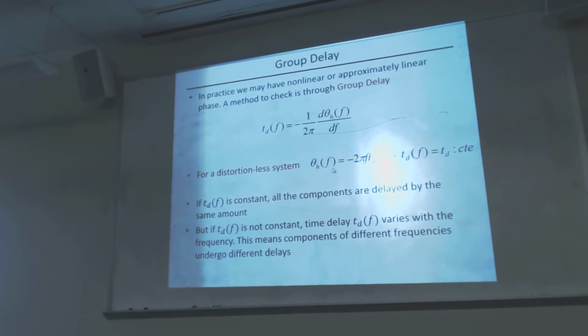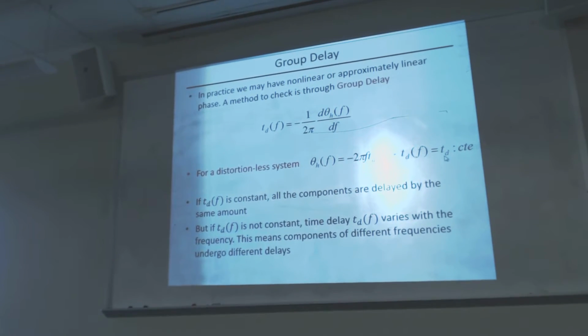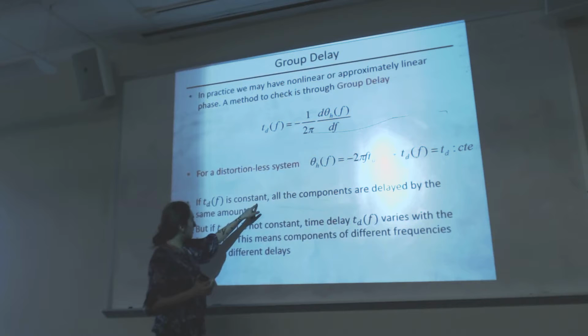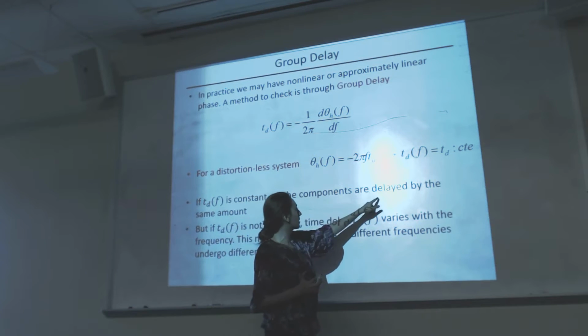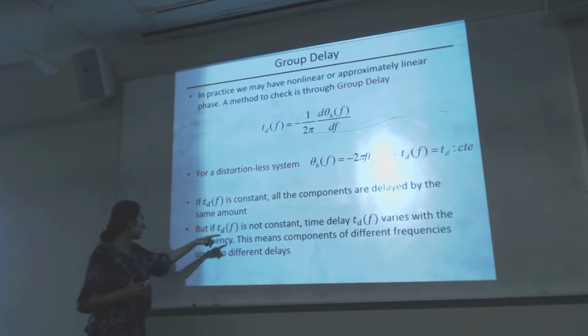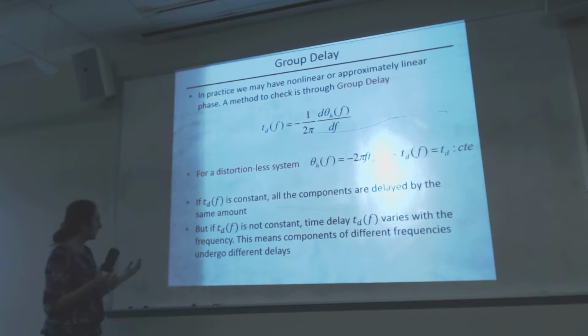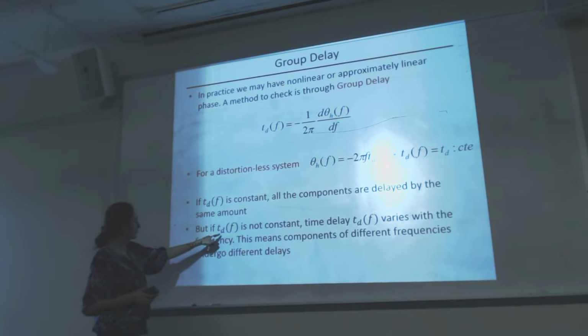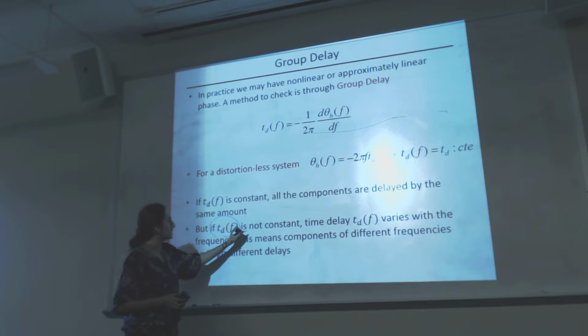So for a distortionless system, the group delay becomes constant. So exactly the amount of delay is this. If TD is constant, all the components are delayed by the same amount. However, if you have another system which is changing your signal, and when you look at the delay, it's not constant.